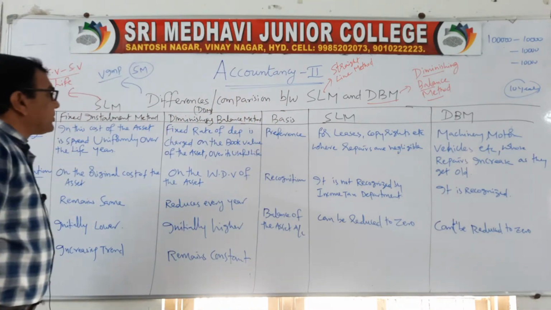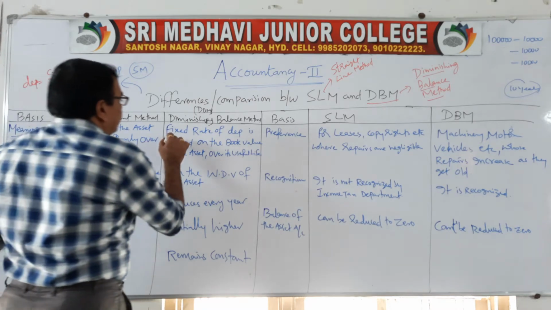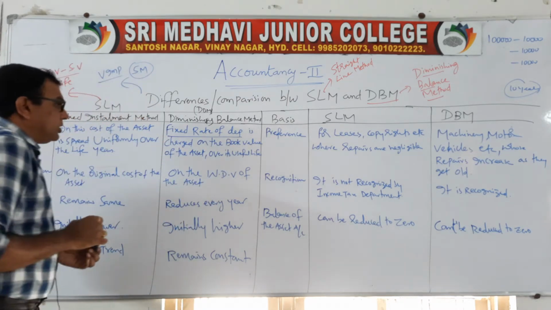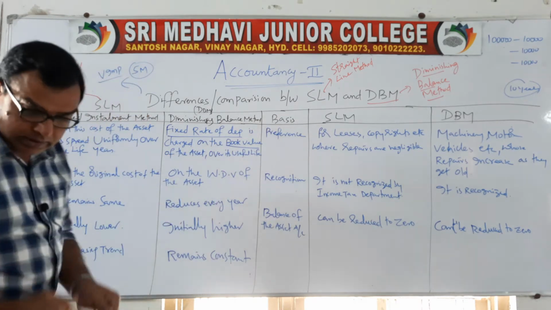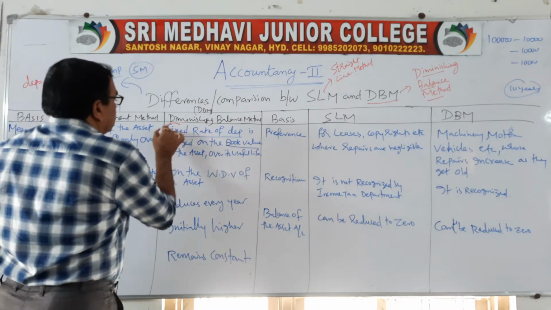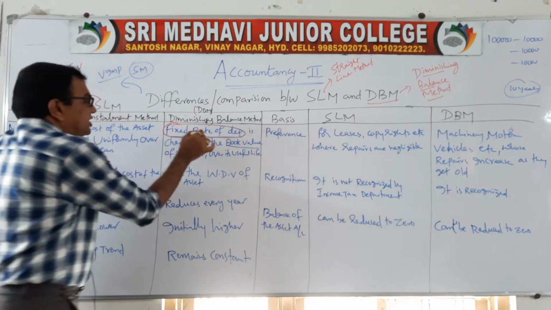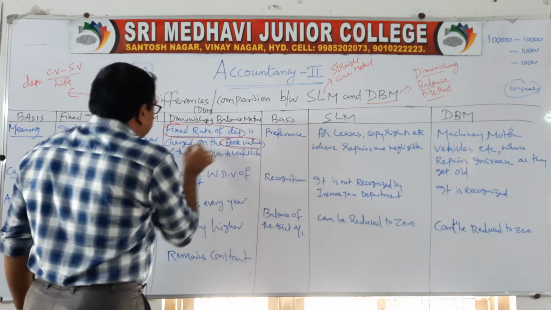Next, under diminishing balance method, we calculate at a fixed rate of depreciation, but on the book value of the asset. Try to understand here. Rate of depreciation is fixed, but book value of the asset keeps on changing.